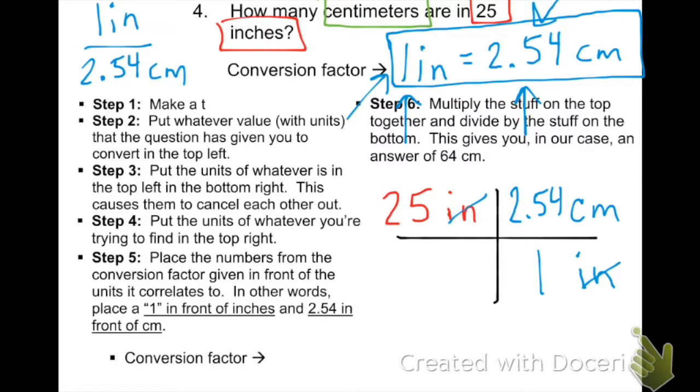So, you're simply going to multiply straight across. So we've got 25 times 2.54. And that's going to give us an answer of 64 centimeters.